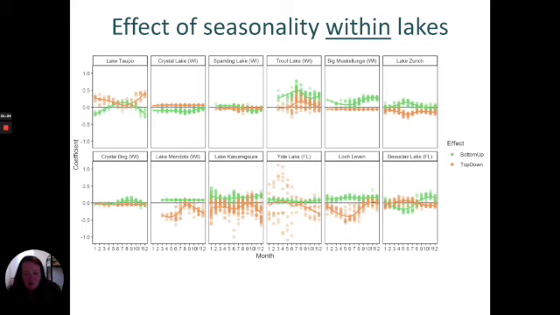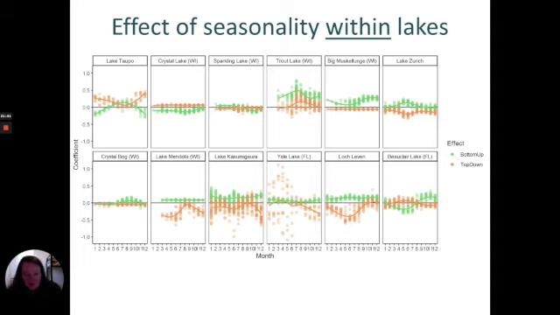The magnitude of both top-down and bottom-up effects appears to be the greatest in the warmer months. That's months 4 through 8 in all of them except for Lake Taupo, which is in New Zealand. So the warmest months are in our winter, so 11 through 2.